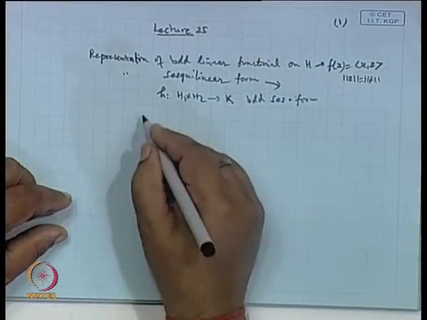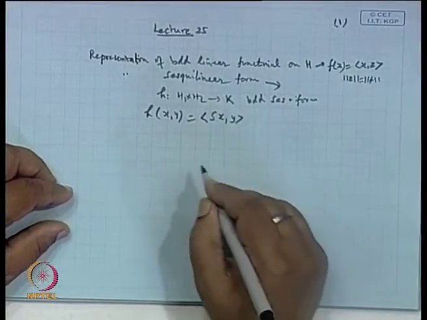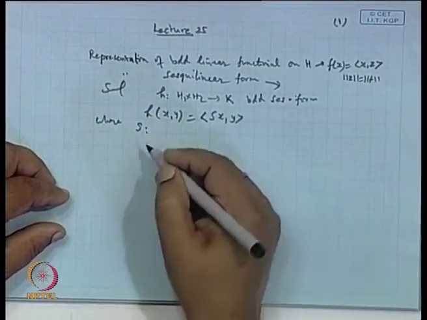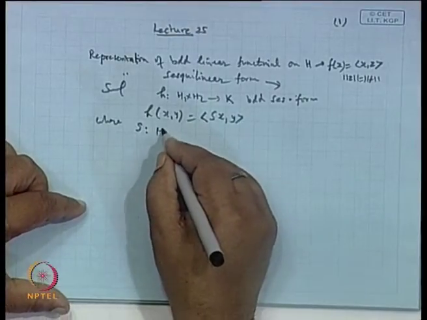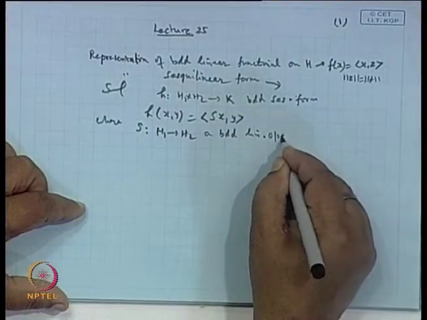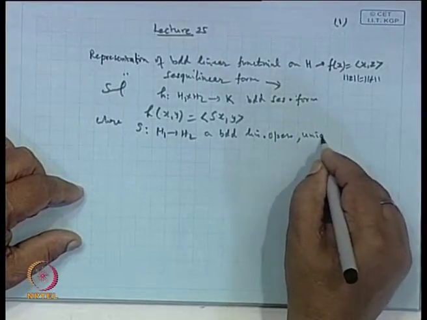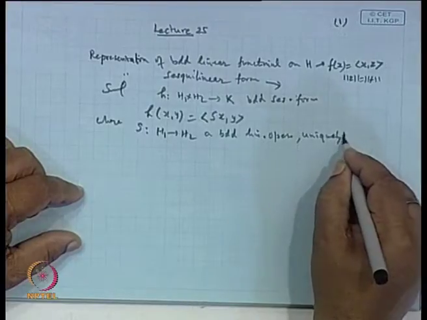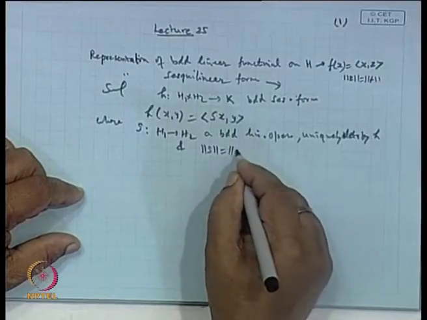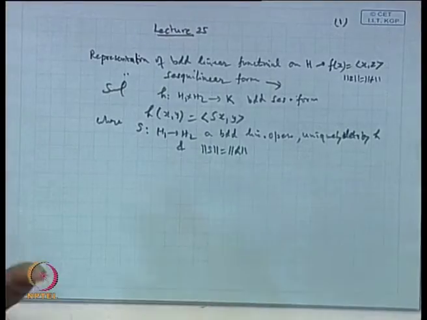Then h can be expressed as the inner product ⟨Sx, y⟩, where S is an operator from H1 to H2, a bounded linear operator, uniquely determined by h, and having the same norm as the norm of h. This we have seen, these two.